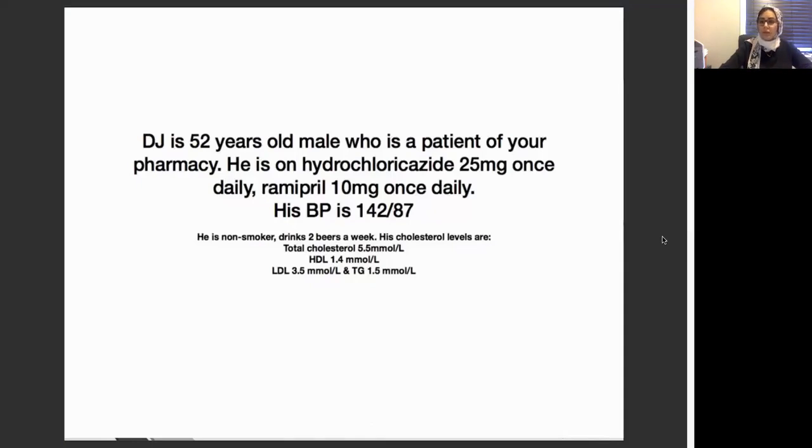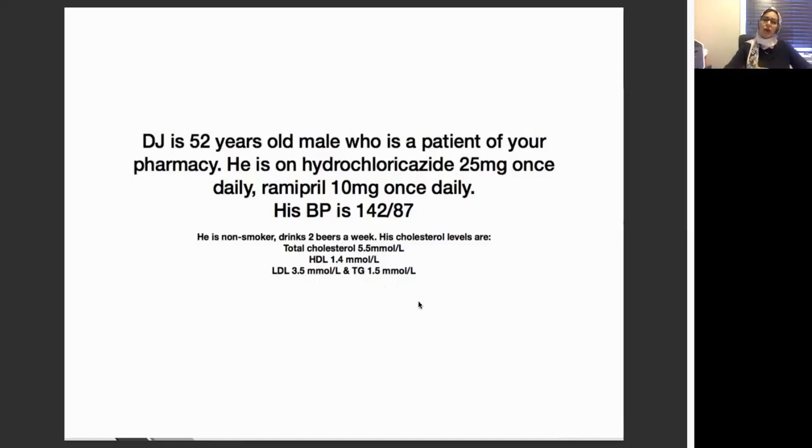The cholesterol levels, as you can see here: total cholesterol 5.5. The high density lipids is 1.4, which is the good cholesterol, so the higher the number here, the better. And the low density lipid, which we call the bad cholesterol, is 3.5. And we also have triglycerides 1.5.